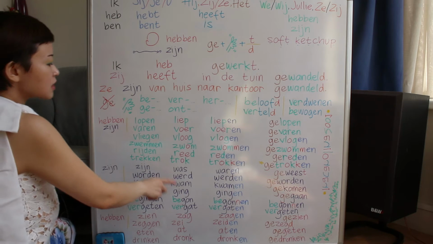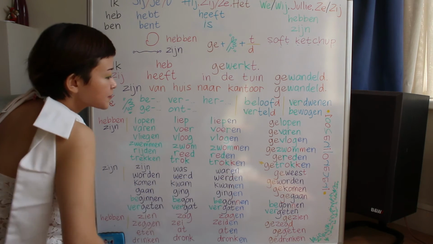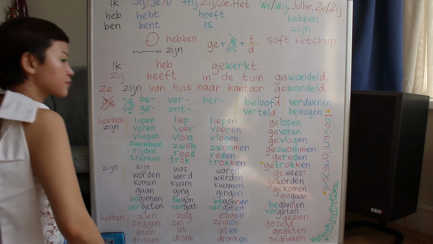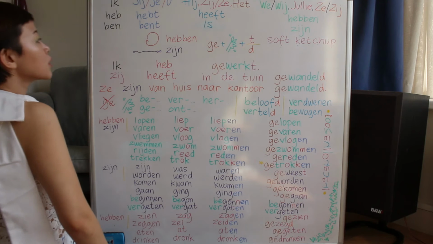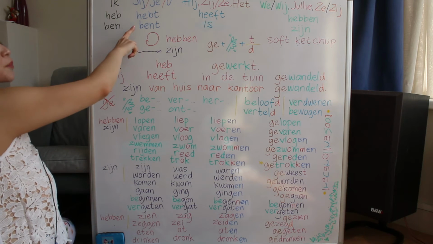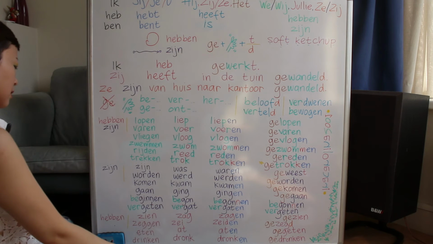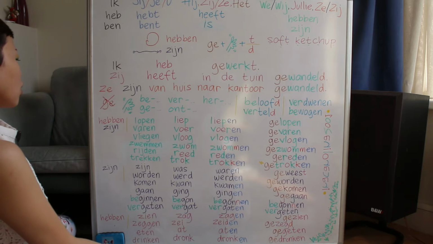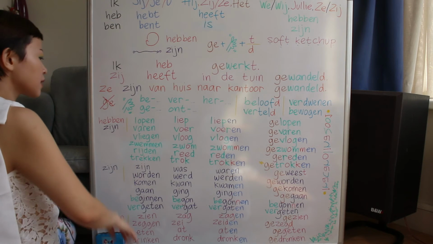Zijn, was, waren, geweest. So this geweest always works with zijn, always works with ben. Bent is zijn. It means was or were, because this is are.